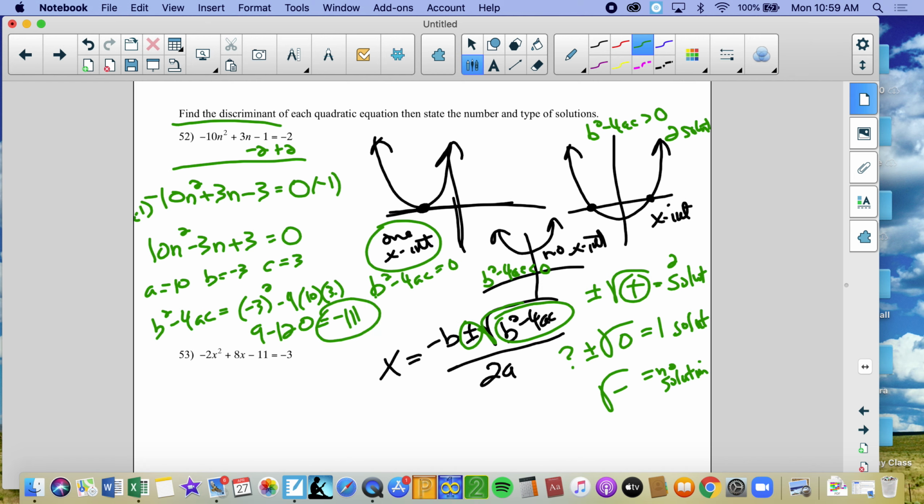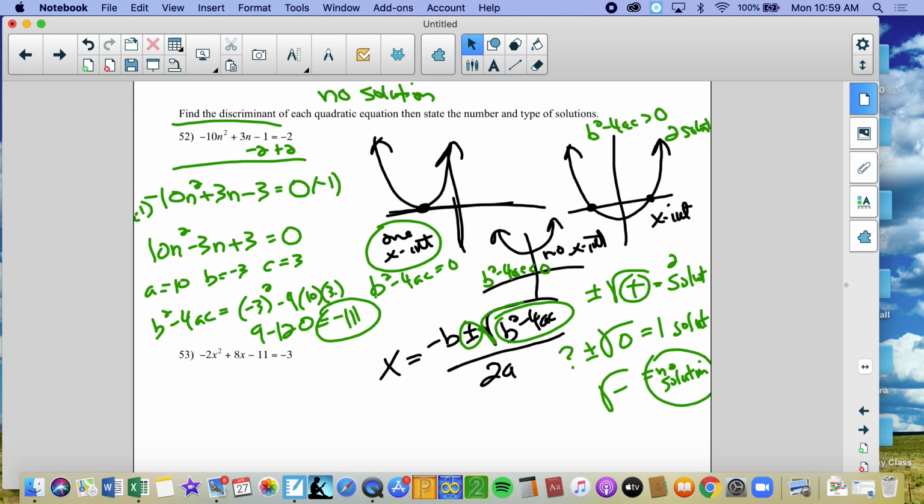So since my discriminant is negative, I know that I'm going to have no solution. So how many solutions? No solutions, 0 solutions. And what that really means is that this parabola will not cross the x-axis.